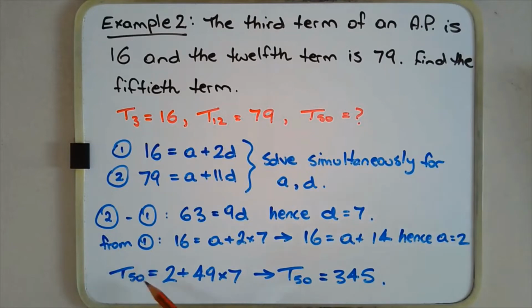So to work out T50, we just use the nth term for an AP formula. So T50 is equal to 2 plus n minus 1, so 50 minus 1 is 49, multiplied by the common difference 7, and we get T50 is equal to 345. So therefore the 50th term is 345.